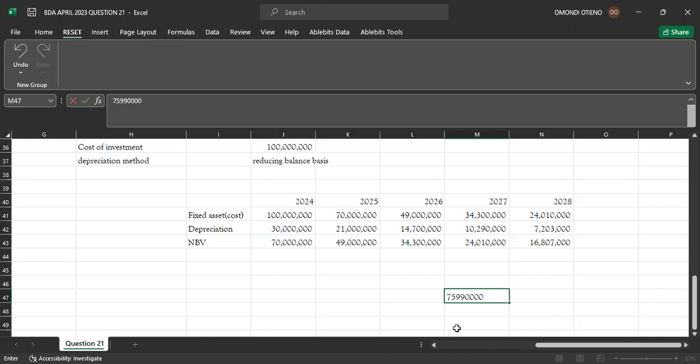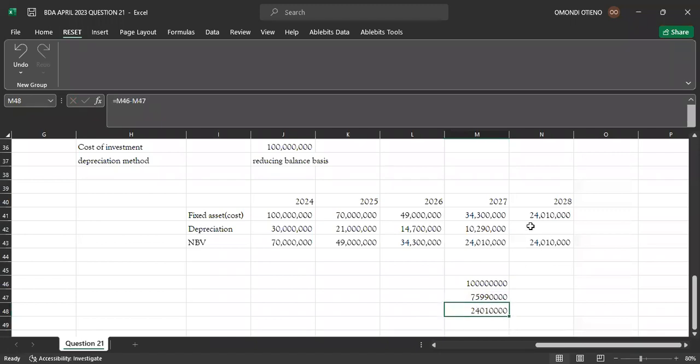75,990,000. Then the initial cost of this asset was 100 million. So it means the depreciation in this year, in 2028, could have been this one here, 100 million minus 75,990 million to give us 24,010.